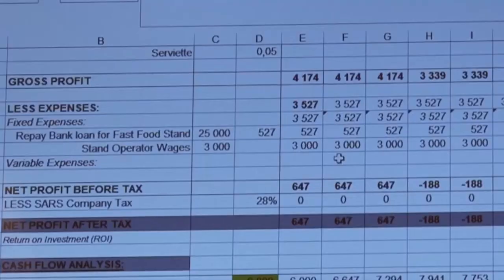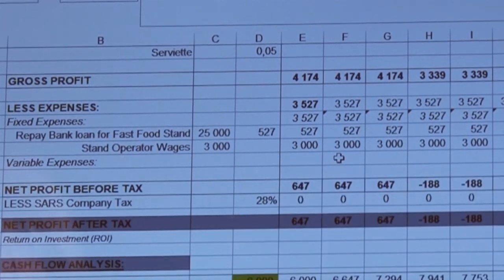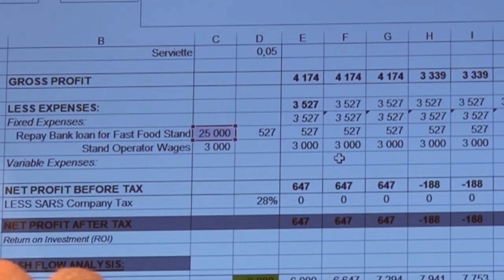Now, let's look at return on investment, for example. Okay, we invested 25,000 Rand to purchase a machine, a stand, for example, a hot dog stand. So if we look at how much money we made as a profit at the end of the year versus how much we spent to make that profit, we get a formula here where the investment of 25,000 Rand, you can see it in cell C31 there, is compared with the profit that we made for the year.